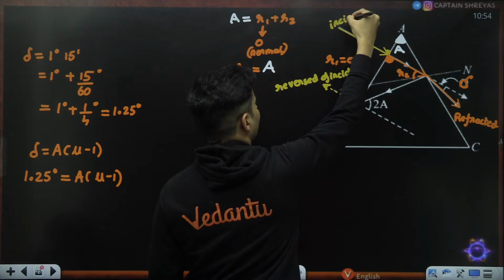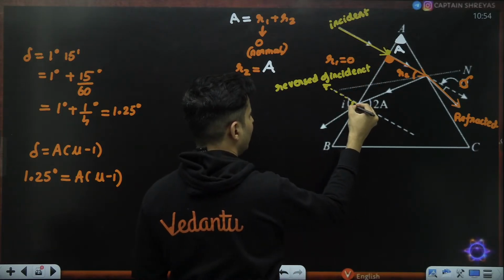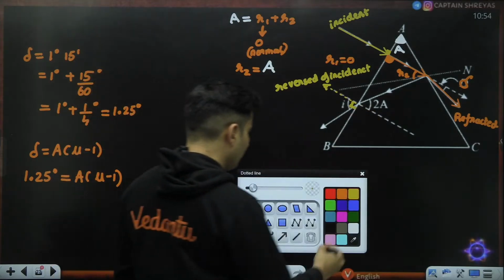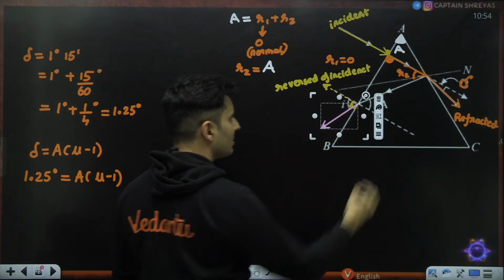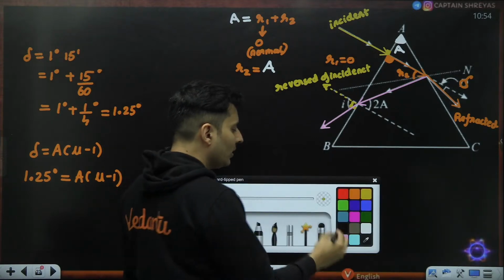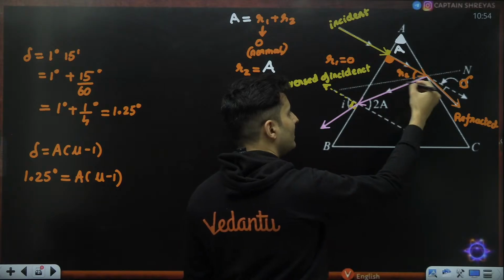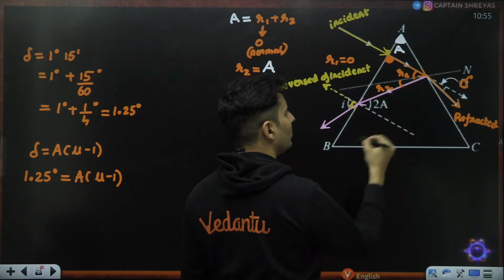This is your incident beam of light, and that obviously is making 90 degrees. And your emergent ray is right over here. This is your emergent ray, which is after the reflection coming like this. We know that during reflection, angle of incidence is angle of reflection. So if this is R2, this is also R2.